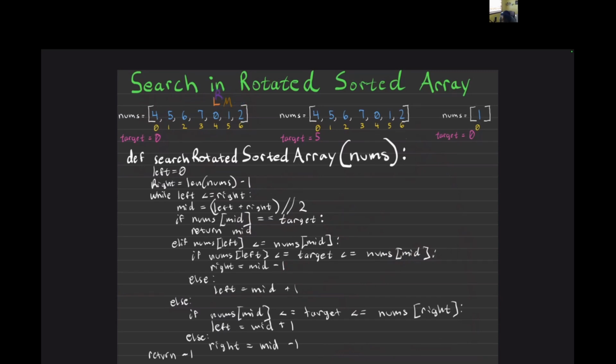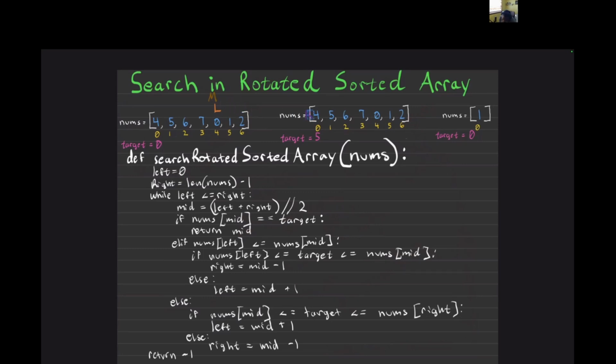We're back inside this while loop. Mid gets recalculated, so let me see if I can squeeze these down a bit more. Mid gets recalculated, and now everything is at index 4, which when we get here, that's our return value.